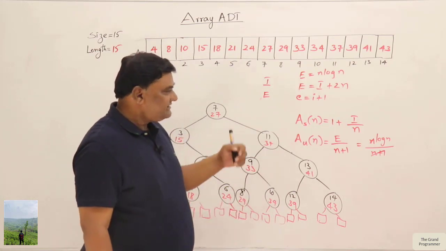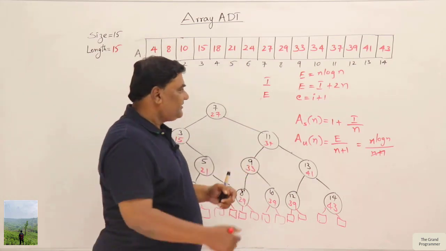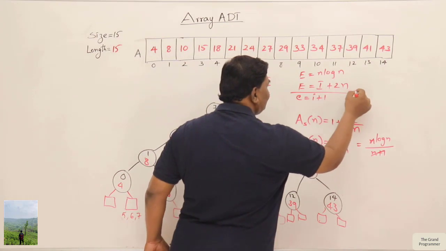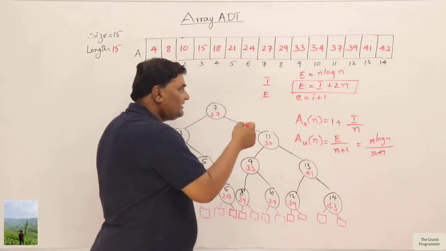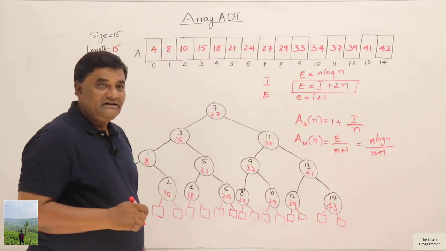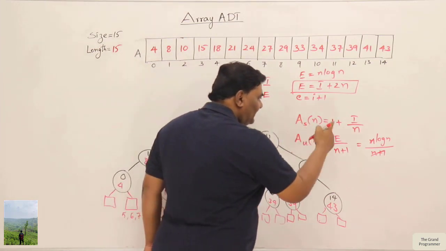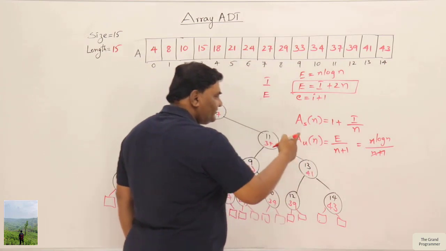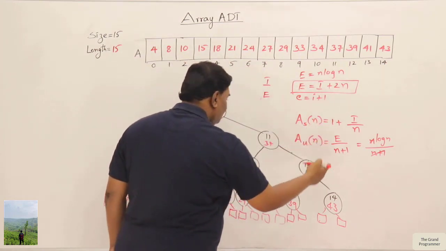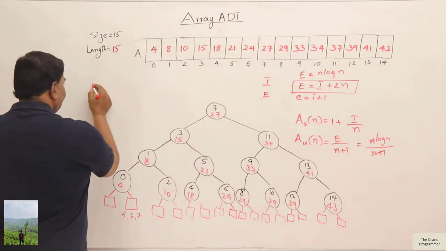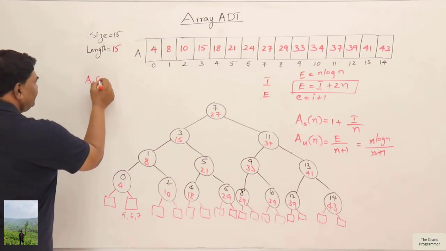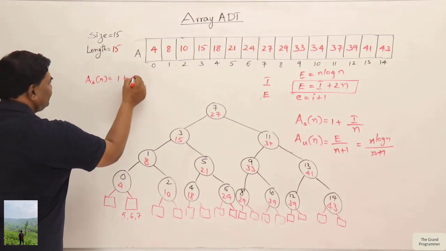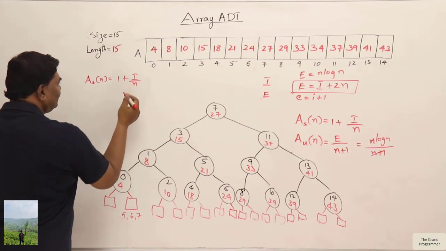Then what about successful search time? From this formula we can say that E and I are related to one another. So in this formula I will replace E, because E is n log n. So let us change this formula. Average successful search for n is equal to 1 plus I by n.